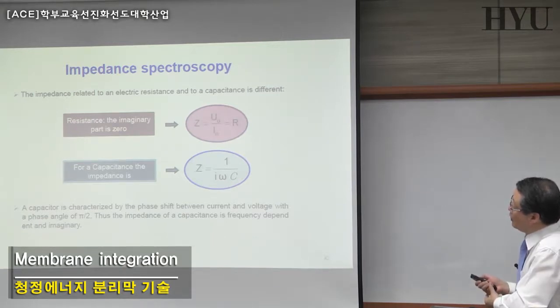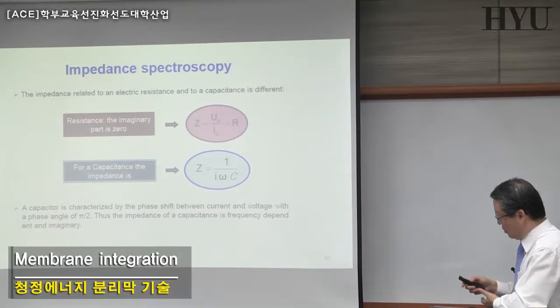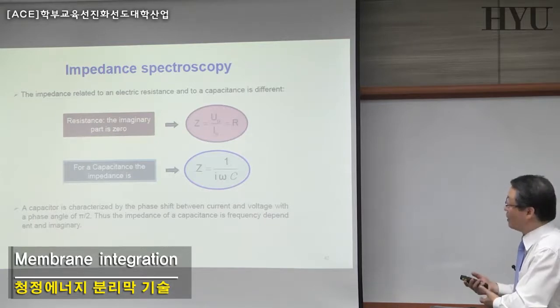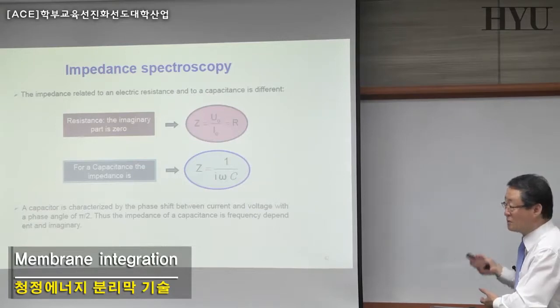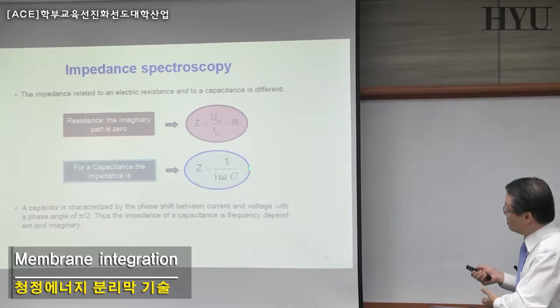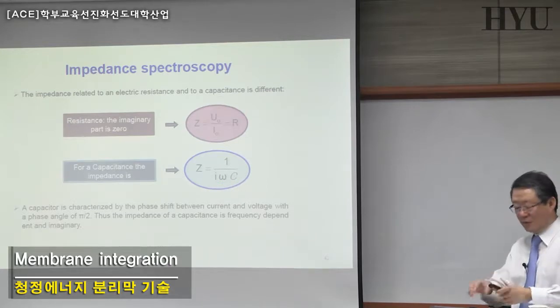So when we are talking only about the real part, the imaginary part is zero. When we are talking only about the imaginary part, the real part, where resistance is zero, we are only talking about the capacitance. So capacitance is the main part of the imaginary part here.